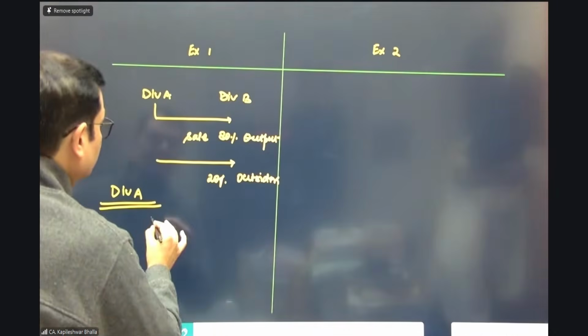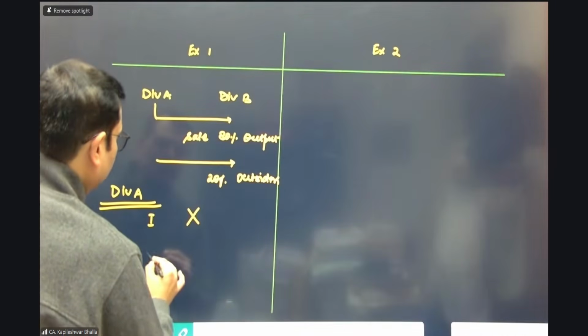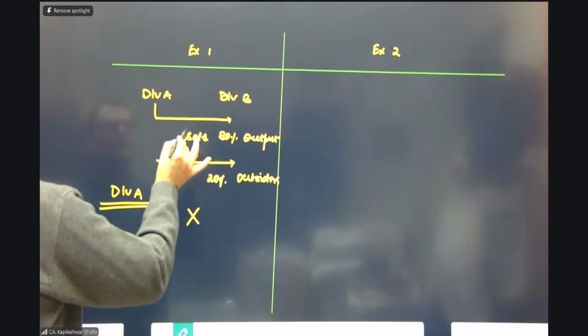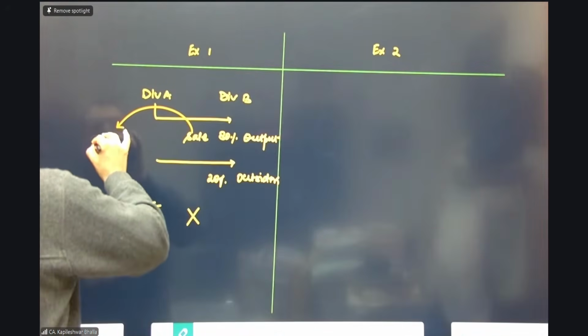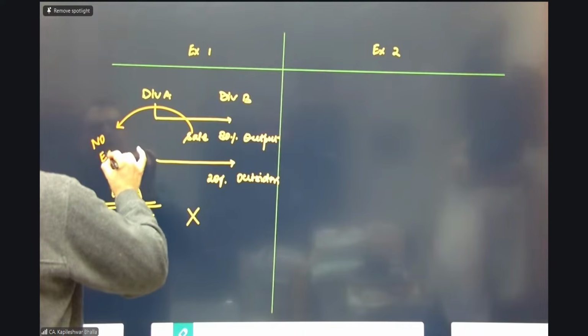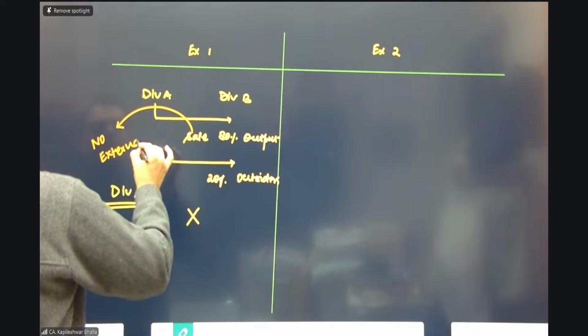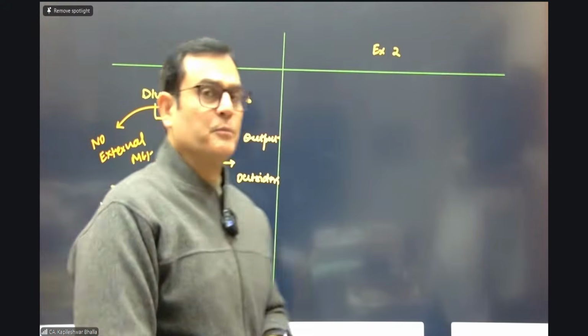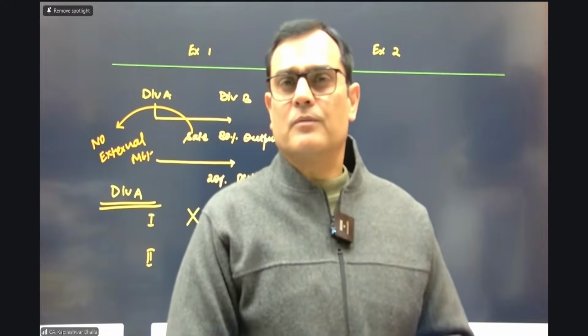So my step number 1 answer is no. Now, let's say I give you the data that this has no external market. So if it does not give to B, it cannot sell in the outside market.